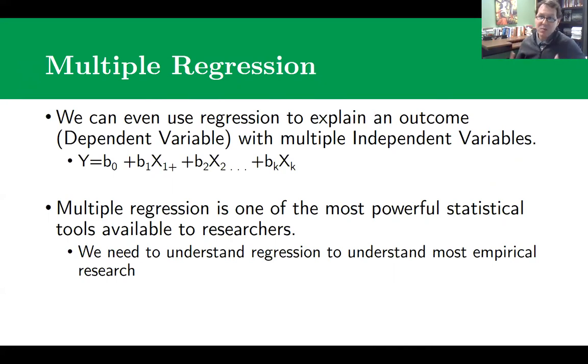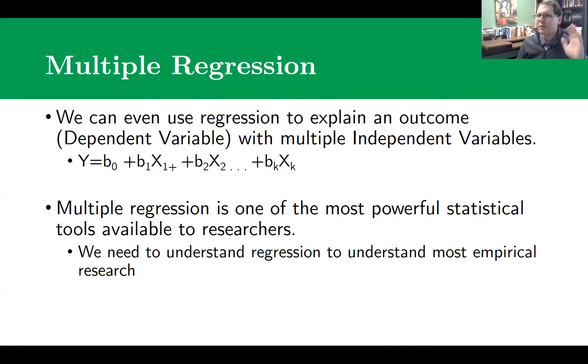Because it allows us to tell these more complicated, sophisticated stories, regression ends up being one of the most widely used statistical tools across the social sciences, across the policy community, and even across the business community. So it really is useful to be able to understand regression and interpret the results of a regression analysis, to be able to process and understand empirical research.